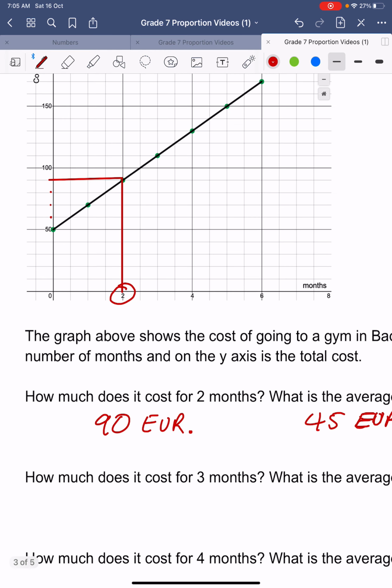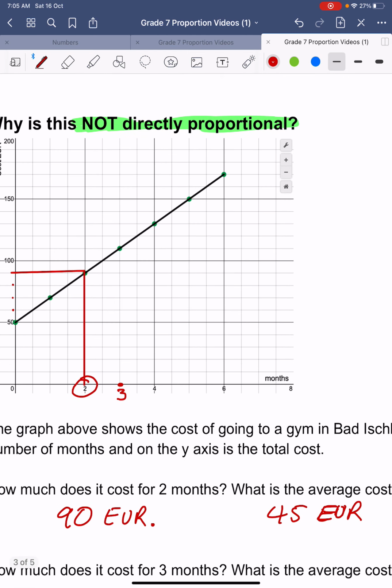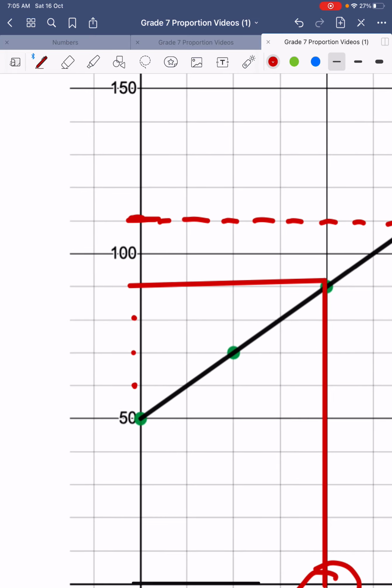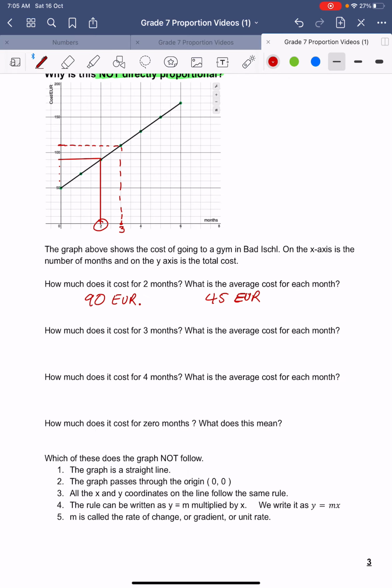So how much does it cost for 3 months? So this would be 3 here. And again, if we go up, I think it's here, and that is 110 euros. And the average cost is 110 divided by 3.